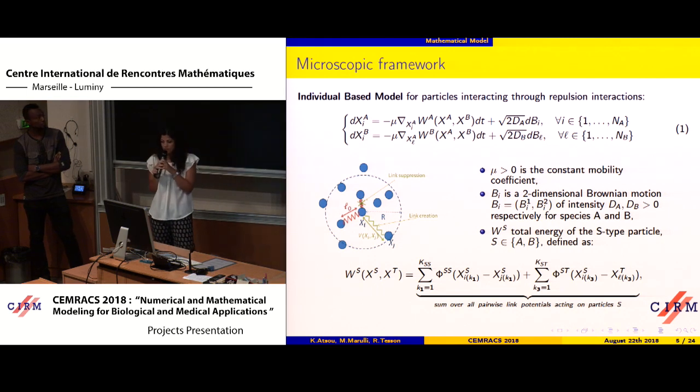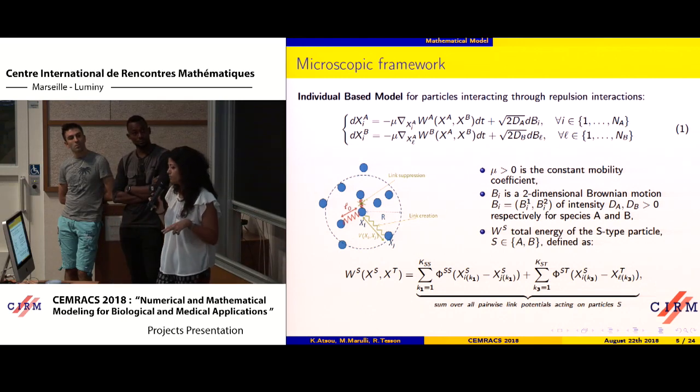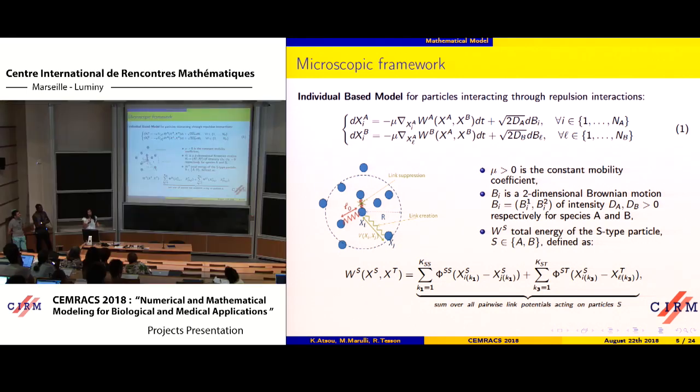So we start with the microscopic framework, a model introduced by Diane and Pierre de Gonde and their collaborators. In this system, we have two equations that describe the behavior of two families of population. We refer to these as population A and population B. We consider a set of N_A particles or cells of type A and N_B of type B. These two equations describe the evolution in time of each particle.